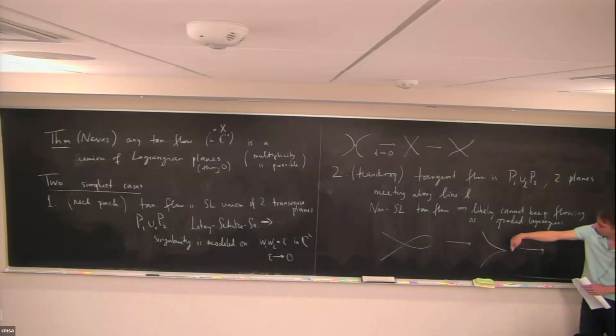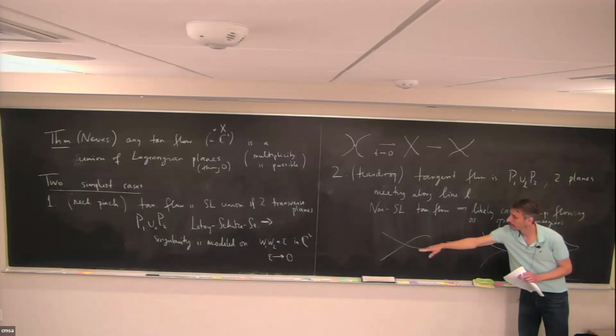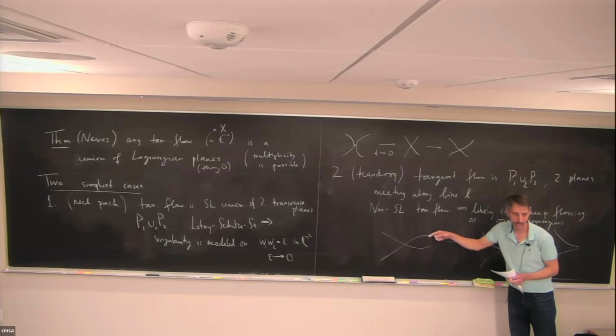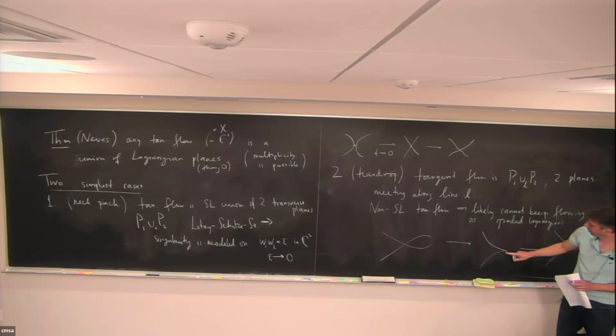And then the flow will smooth this out, so you can keep flowing as a curve shortening flow. You'll get something like this. But if you keep track of the grading, which in this case would just be the angle that you make with the x-axis, so this theta is literally just the angle of the tangent vector, then you'll see that something bad happens here.